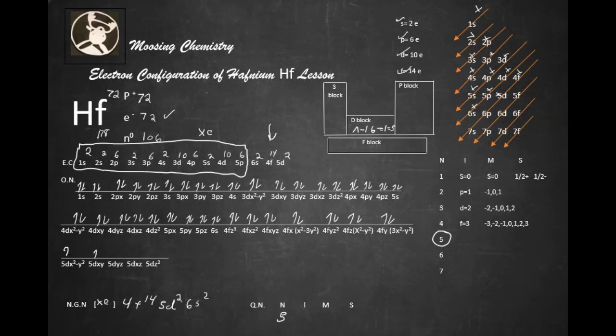It's in the d block, so the l value, or the angular momentum, is going to be 2. It's the second one over, so the m value is going to be negative 1. And our s value, the last arrow is going up, so that's going to be positive 1/2.